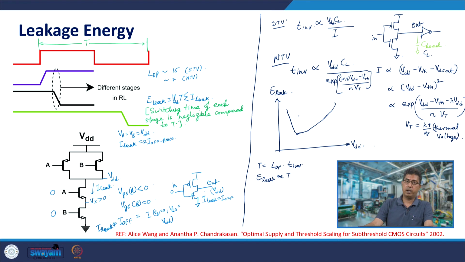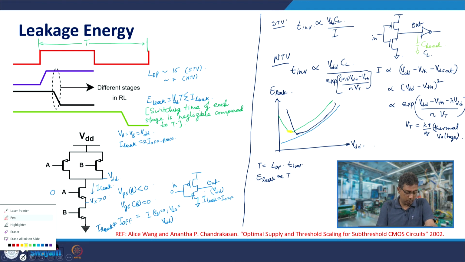So, that is why we find this behavior, and the overall energy also increases as we had seen. The dynamic energy, on a different scale, would keep on reducing as a square law with respect to VDD. So, the total energy would reduce, reach a minimum somewhere here and then increase. So, we have a minimum for energy, which is important.